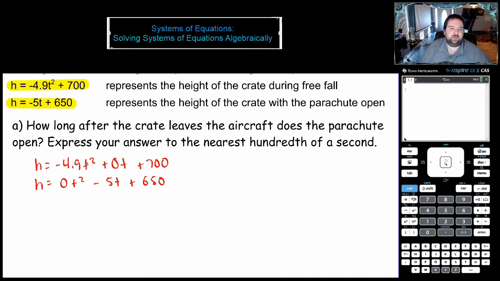I remembered from the last lesson that I want my variables to line up. Now I can use elimination, so I'm going to subtract them. h minus h is 0. Negative 4.9 minus 0 is still just negative 4.9 t squared. 0 minus negative 5 is plus 5t. And then 700 minus 650 is positive 50.